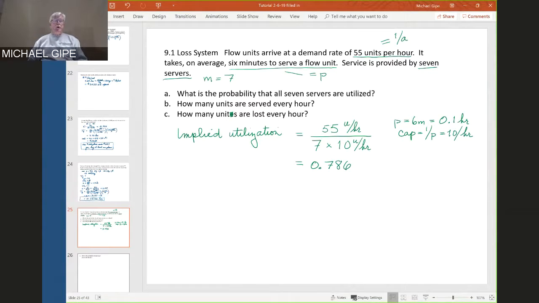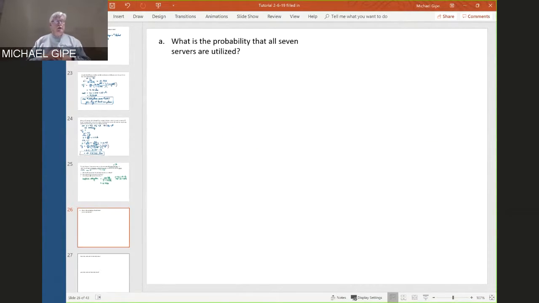Here's the deal. Now we can go with this information, we can figure out what our loss probability is going to be. And how does this work? Well, fortunately, we've got this Danish guy, who figured this all out based on a Poisson arrival distribution.